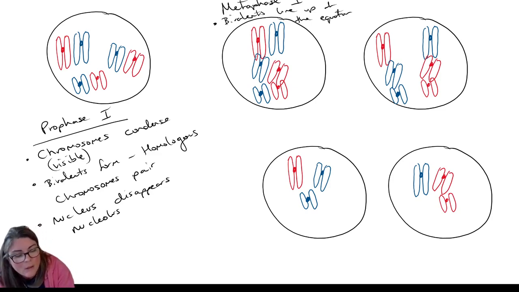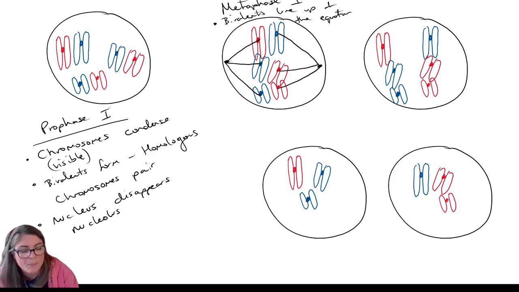Now, how did they do that? I haven't drawn that on my picture, but I'm going to show you the centrioles with their spindle fibers. The spindle fibers attach to the chromosomes, and they will push and pull the chromosomes until they are lined up at the metaphase plate.